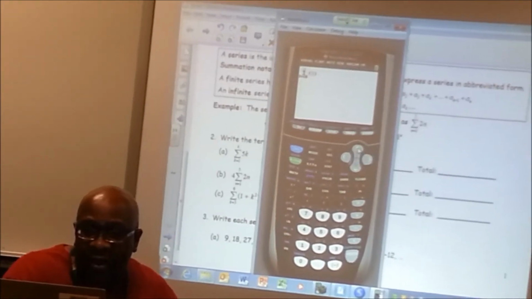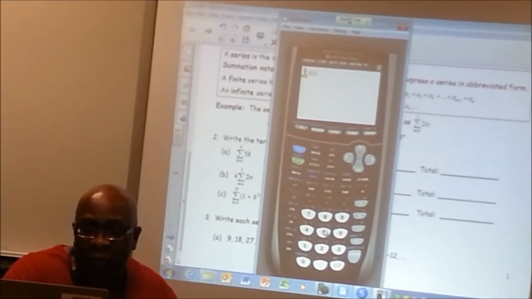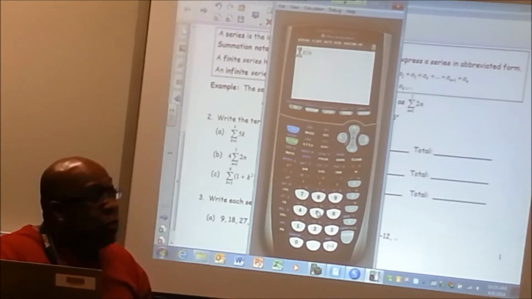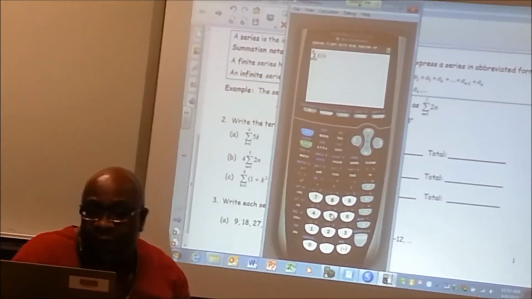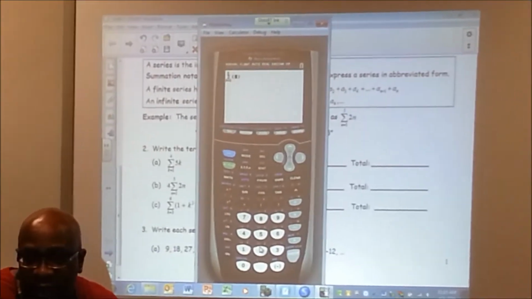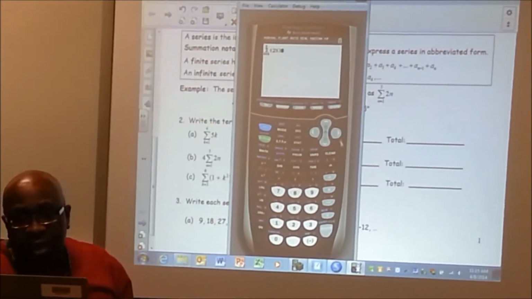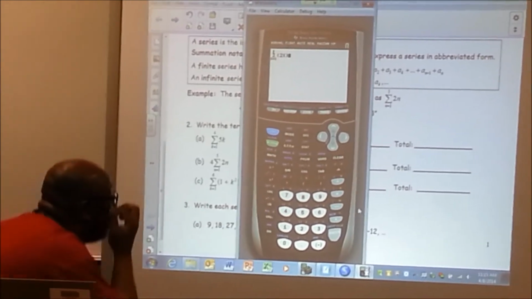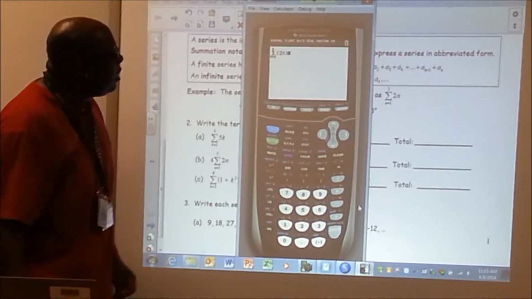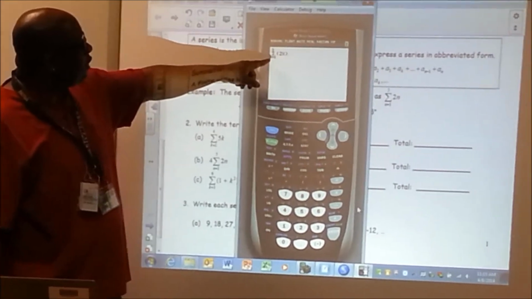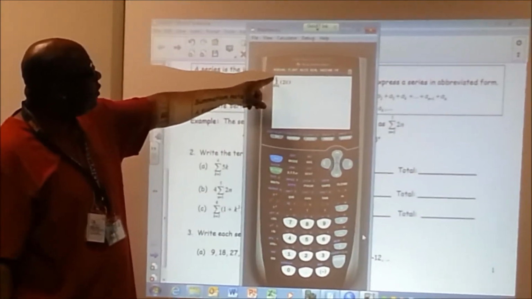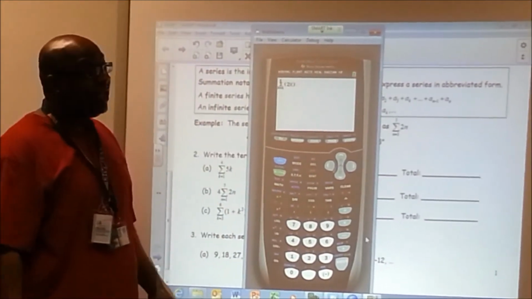Then we're going to go back up to the top and place in 5. We want to go from the first term to the fifth term, and we want the summation of the formula 2x. So again, what this is saying on the calculator, summation notation, is: give me the first term in the sequence through the fifth term, add them together, and give me the total.